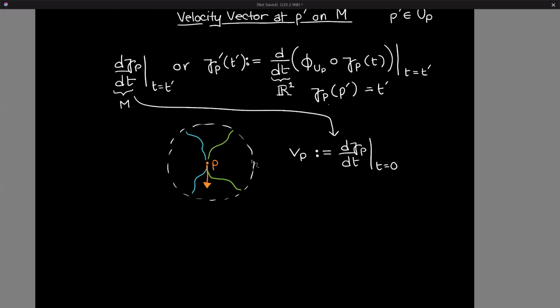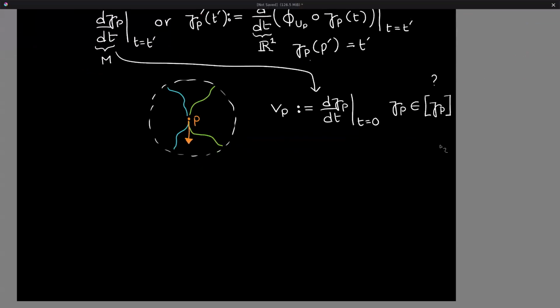We defined the velocity vector at any point on the curve, but we're specifically focusing on the one at P, as long as gamma P is an element of the equivalence class gamma P. Now, what is this equivalence class? Well, we're about to define it.